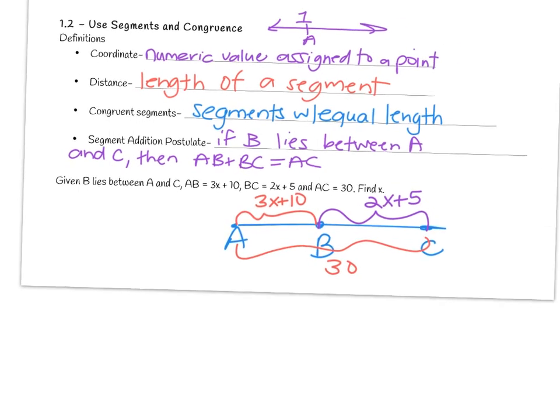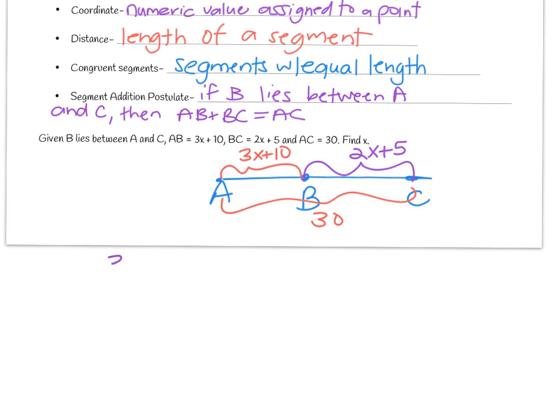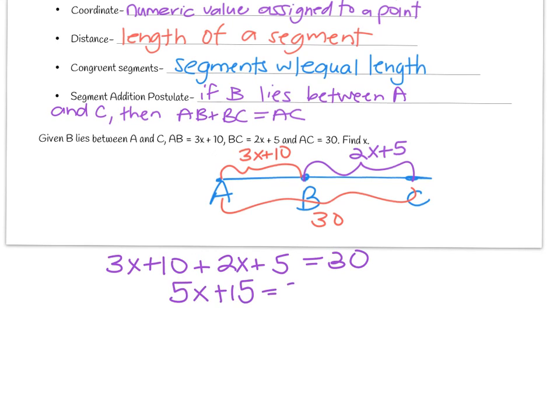So I can take 3x plus 10 plus 2x plus 5, and I can add them together and set it equal to 30. So I'd get 5x plus 15 equals 30. Subtract the 15, 5x would equal 15. Divide by 5, and x is 3.